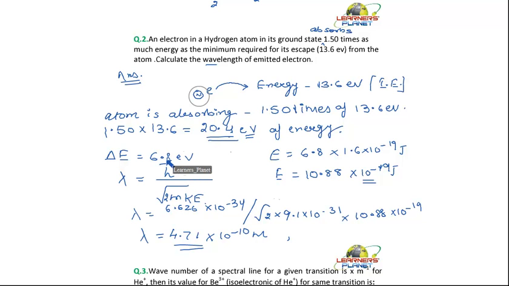The difference between their energies is 6.8. Convert this energy and get the kinetic energy, and put the value in the wavelength equation, so that you get your wavelength. So what is the wavelength of the light emitted over here? It is 4.71 into 10 to the power minus 10 meters.